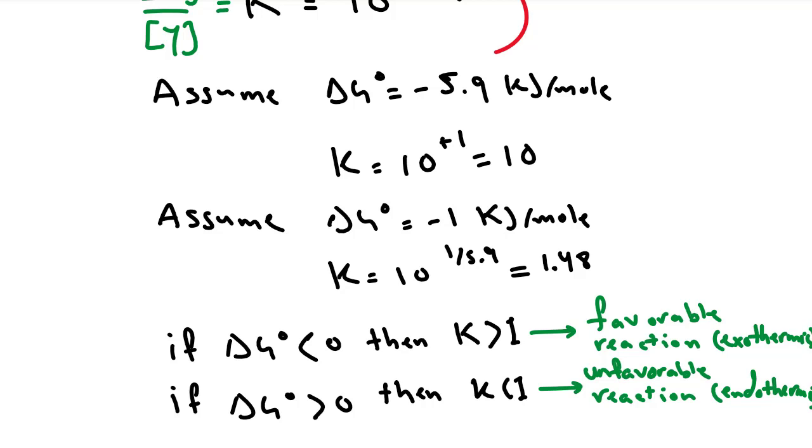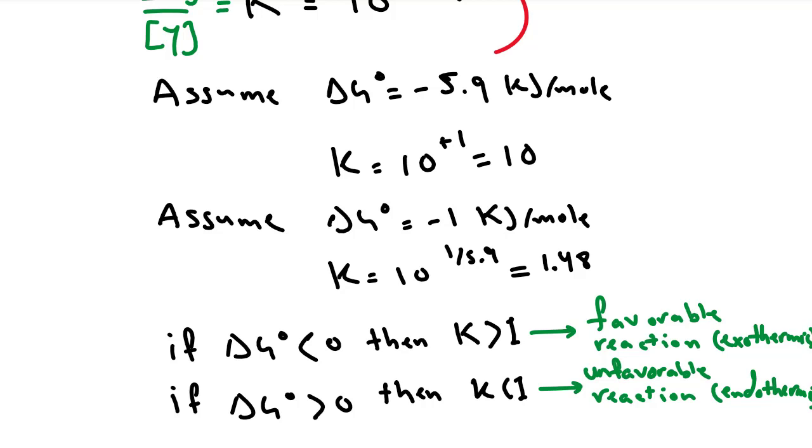So when we say a reaction is favorable, we mean that at equilibrium you will have more product than reactant. If it's unfavorable, we mean that there's going to be more reactant than product at equilibrium. And if we know the delta G standard, we can know what the K will be like. If we know what the equilibrium constant K is, we can know what delta G standard is.